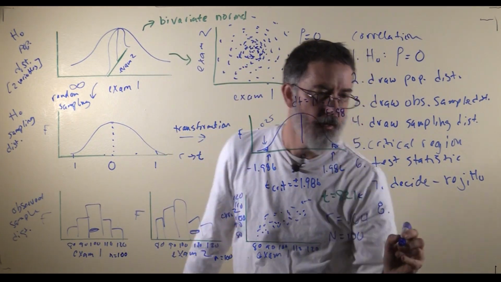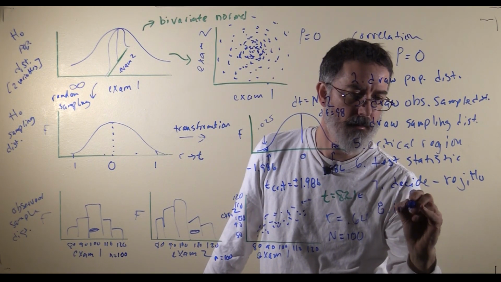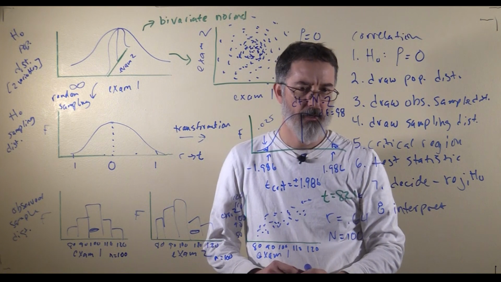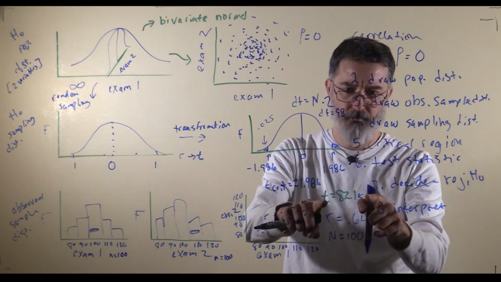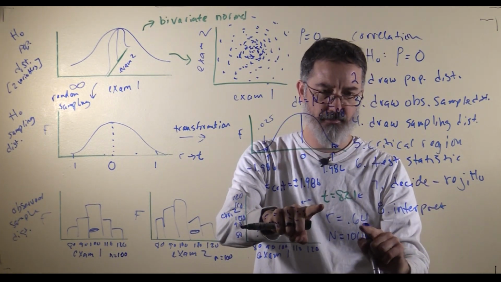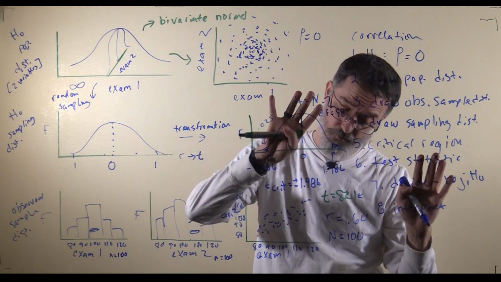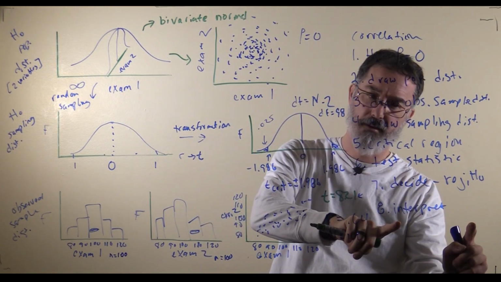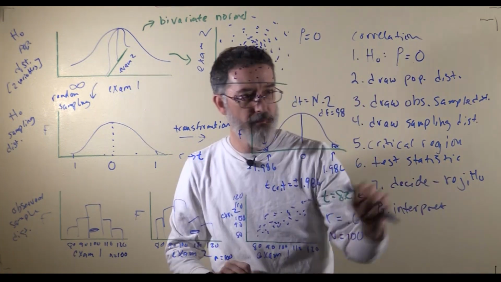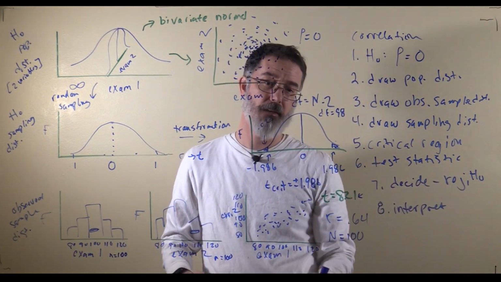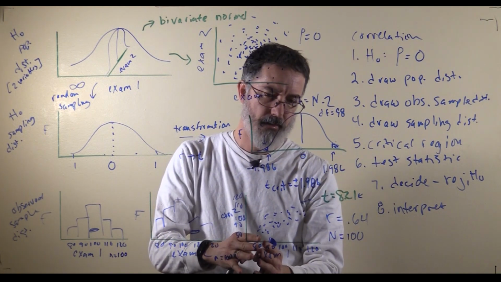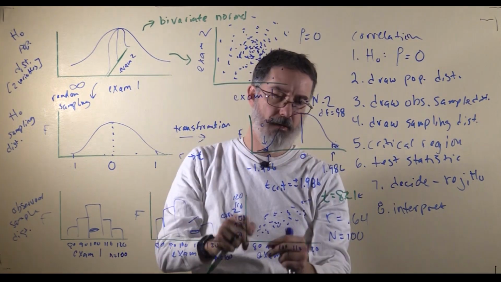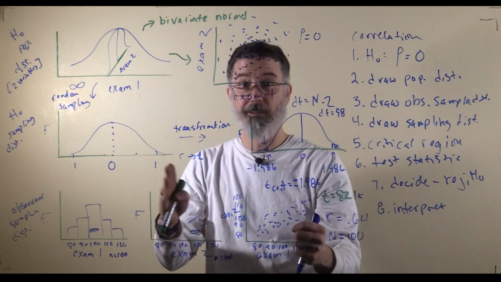Then we interpret the results of our study. So in this case, we decided to reject the null hypothesis. If we would have failed to reject the null hypothesis, our interpretation would be that our study is inconclusive, but we rejected the null hypothesis. So now we need to figure out, well, is the correlation between exam 1 and exam 2 at the population level a positive correlation or a negative correlation?